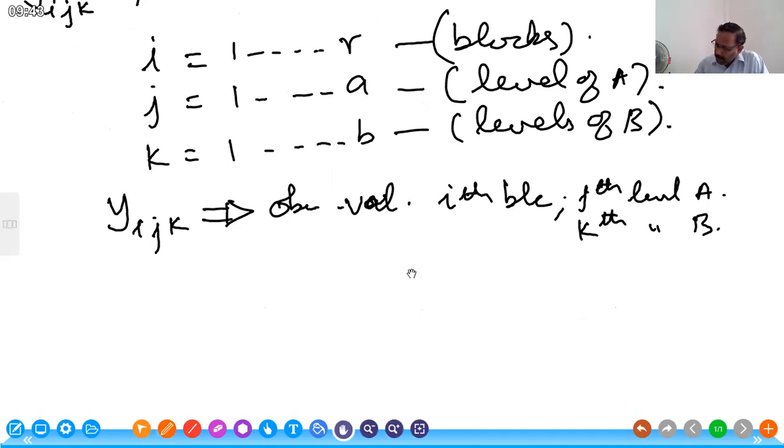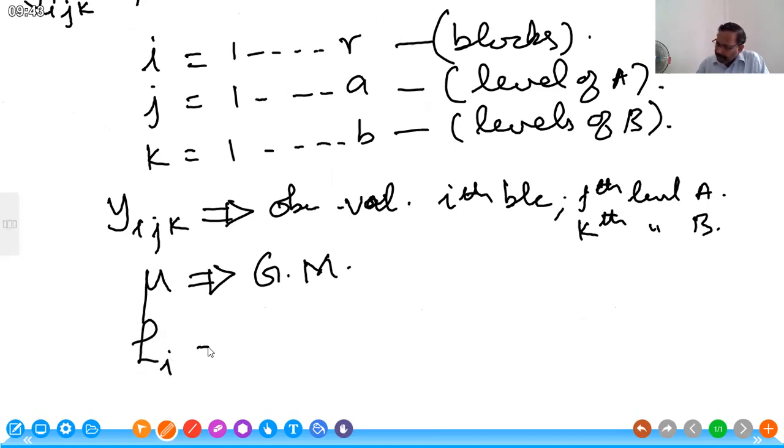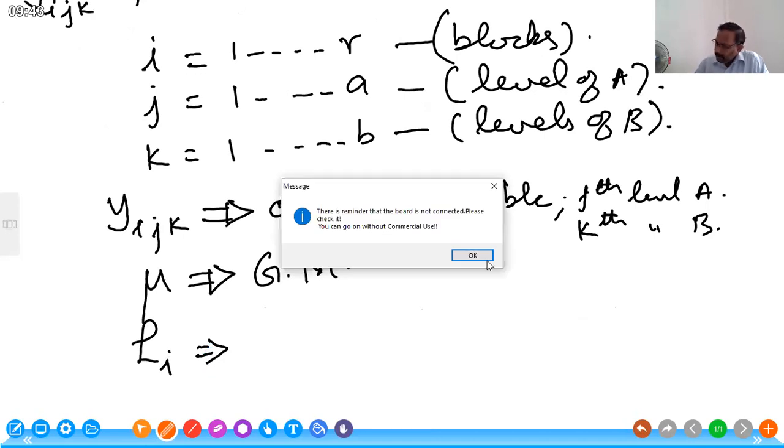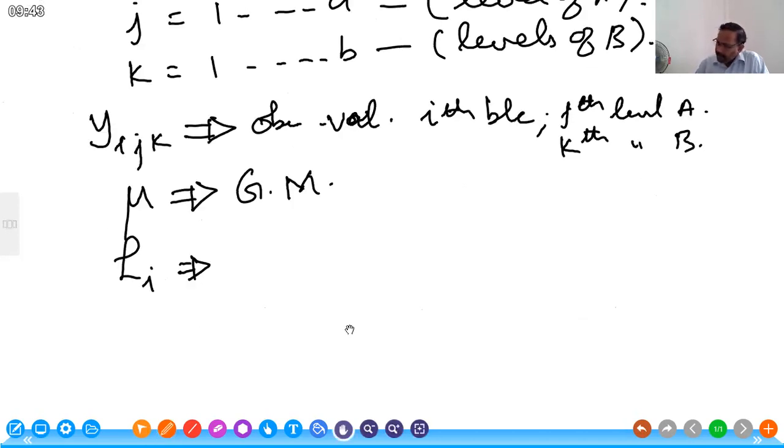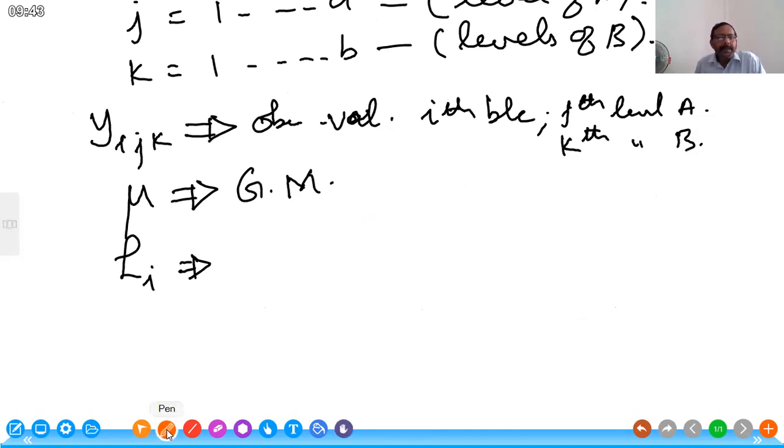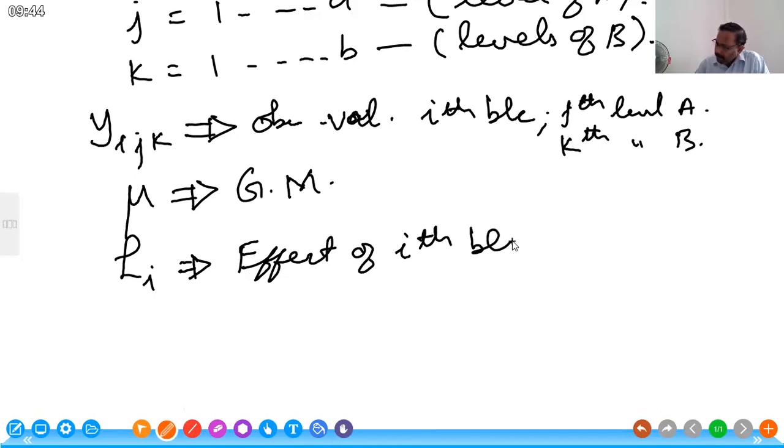Right. What is mu? Everybody knows, grand mean. What is tau i then? I have already defined what is i. It is the effect of the ith block. What about wij then?